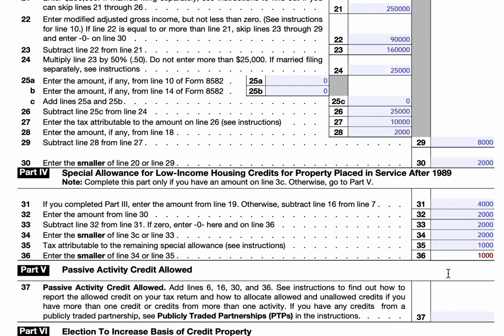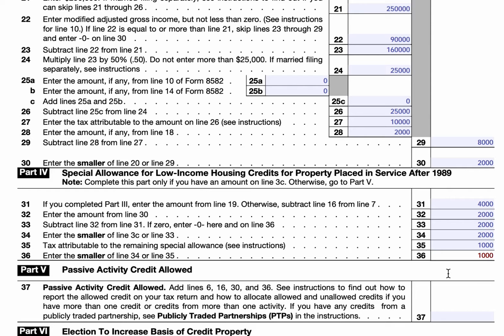So you would use those worksheets to combine those credits, and then that would help inform you how to calculate the credits to apply here. We don't have credits for multiple activities, so we're simply going to add lines 6, 16, 30, and 36.